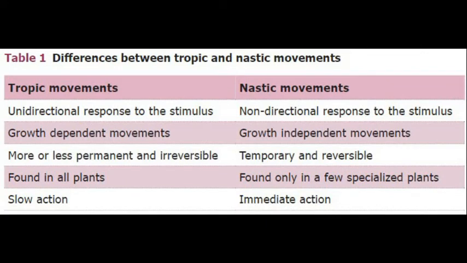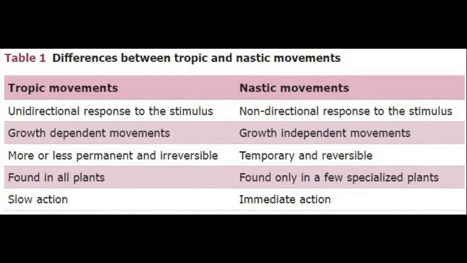Now we can differentiate between tropic and nastic movement. For tropic movement, you keep in mind phototropism, hydrotropism and so on. For nastic movement, you keep in mind the touch-me-not plant. If you touch, the leaves will droop. Tropic movement is unidirectional.